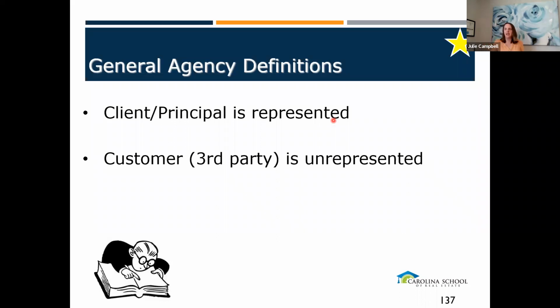I may not get to them today, but we're going to look at some examples. We're just introducing you to all this stuff, getting us ready for next week. So understanding the terminology, the one that hires you is represented. Everybody else in that transaction, if they don't hire you, they are unrepresented. Talking more about what that means.